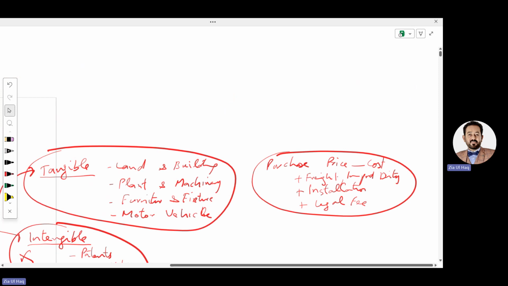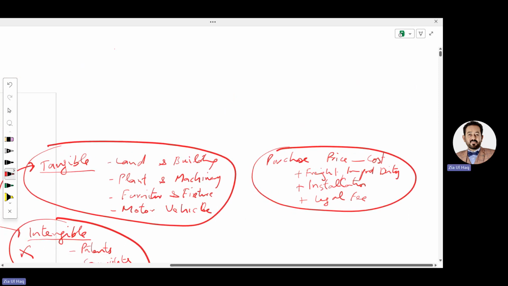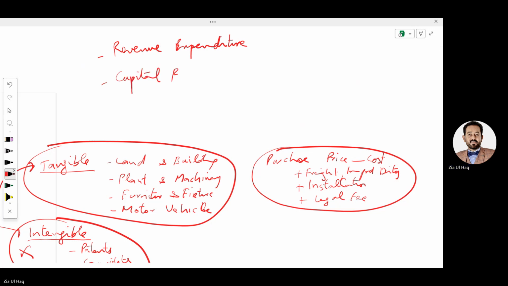There are two types of expenditure: revenue expenditure and capital expenditure. Capital expenditure is expenditure that provides us benefit in more than 12 months, so we should record it as an asset in the balance sheet.